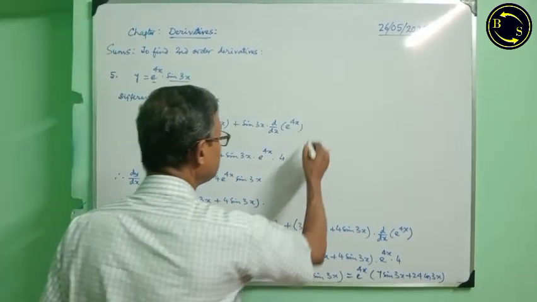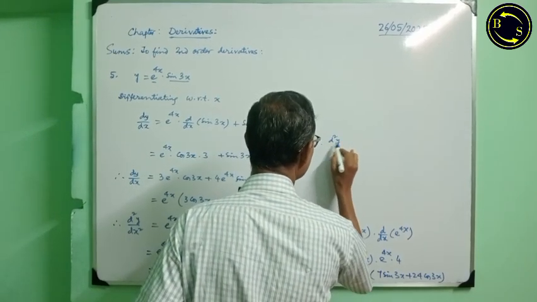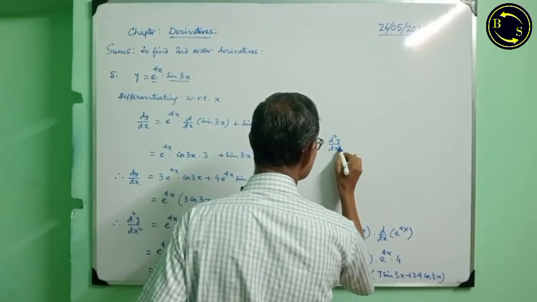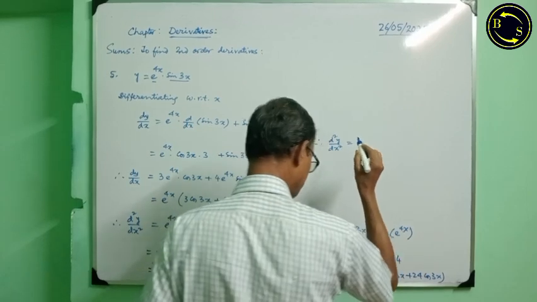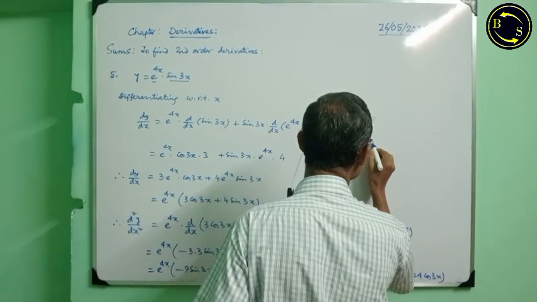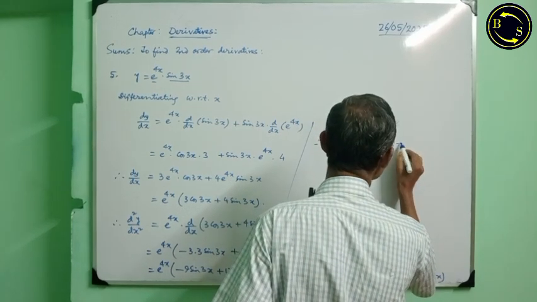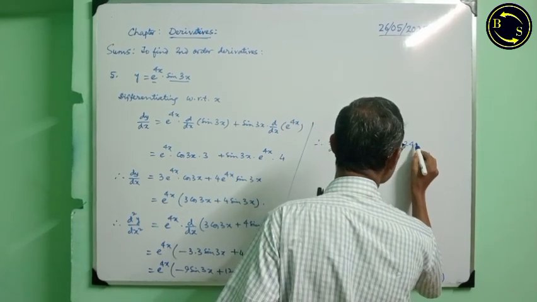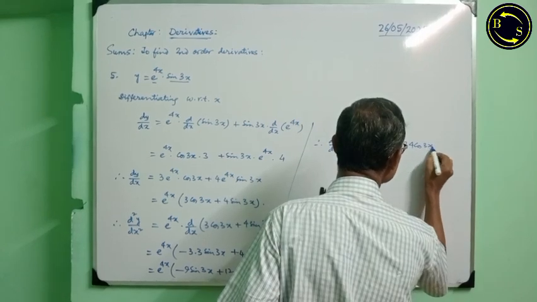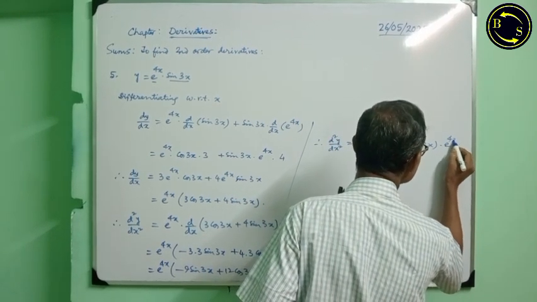Finally I write here, therefore d²y/dx² equals 7 sin 3x plus 24 cos 3x, into e to the power 4x.